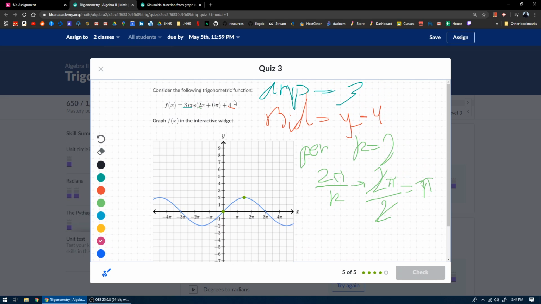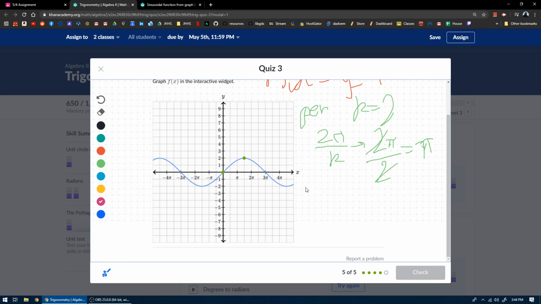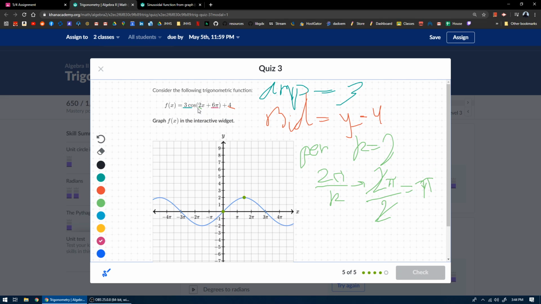Lastly is this number right here. That's my horizontal shift. So what I'm asking is, I want to know where I start cosine. You know that cosine of 0 is 1, right? Cosine of 0 is 1 because it starts up and then heads back down and up, right?